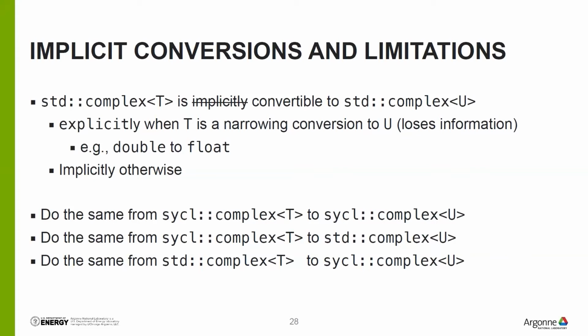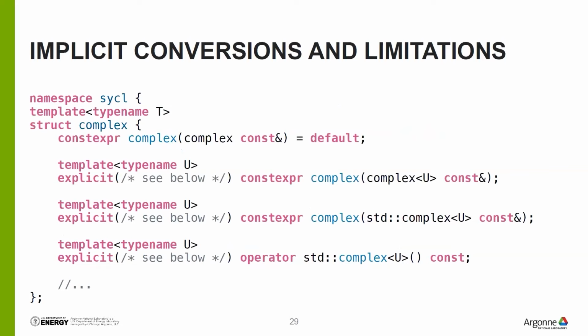So anyway, we're going to do the same thing between single complex T to U, single complex T to standard complex U, and standard complex T to single complex U. And we can accomplish that because in C++20 you can say explicit with some Boolean expression, to say whether it's an explicit constructor or conversion operator. And the standard itself for std::complex has gotten rid of the 3 specializations and now can just use a template.